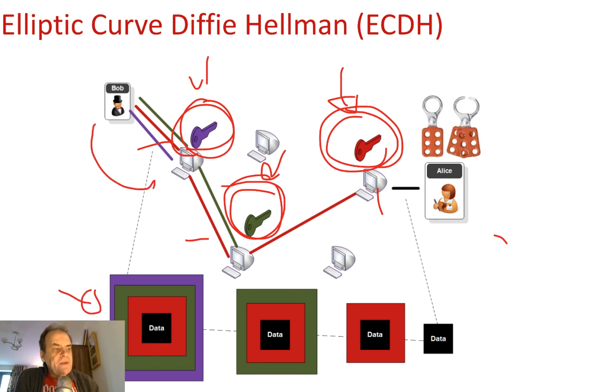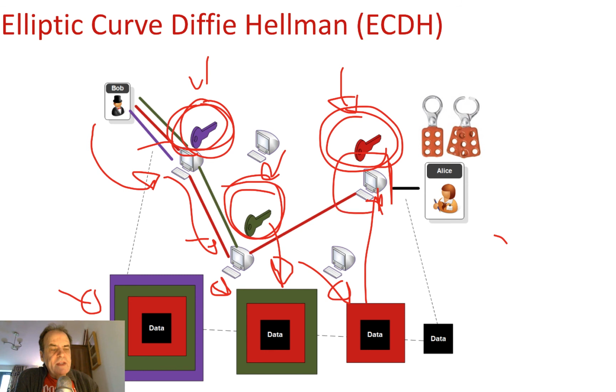When he gets to this node, it will decrypt with its key, the only key it knows, so we end up with this. As we go here, it will decrypt this key here, so we end up with that, and then when we get to what's called the exit node, the exit node will take that key off, and we end up with the data.